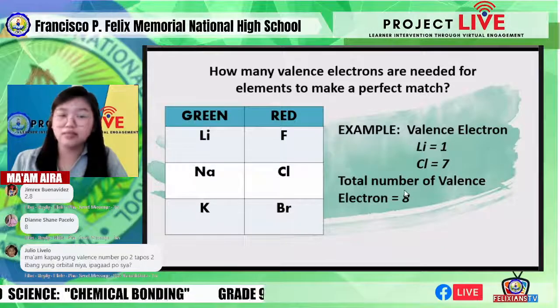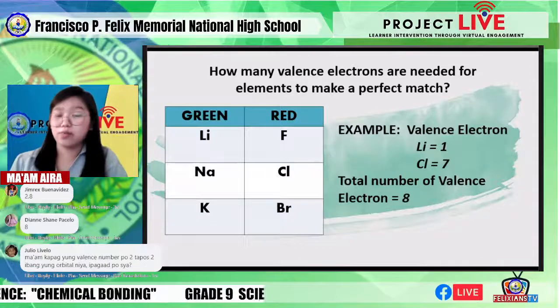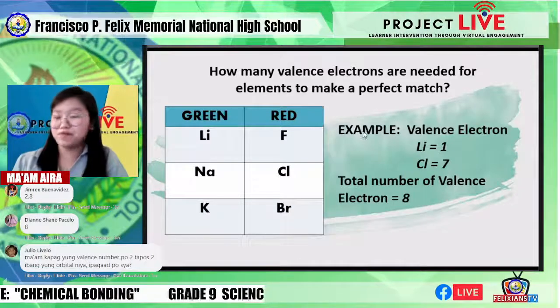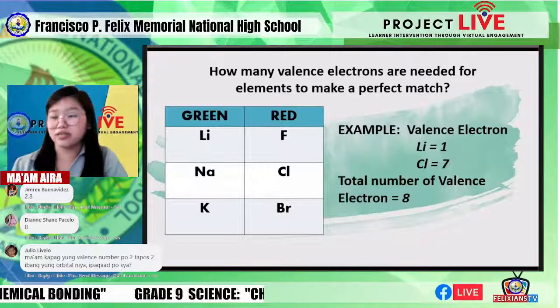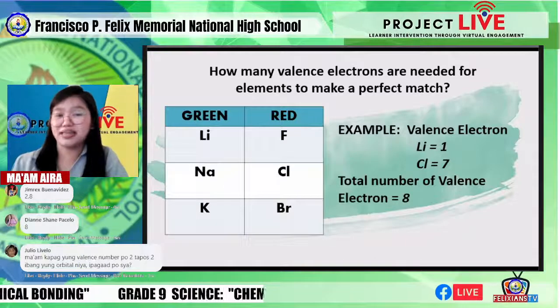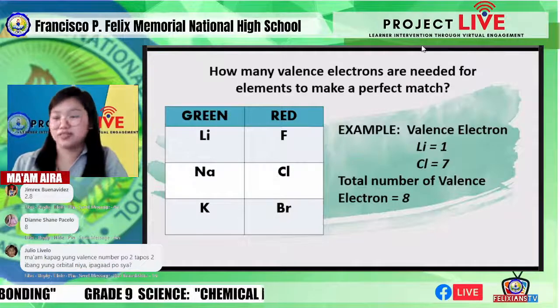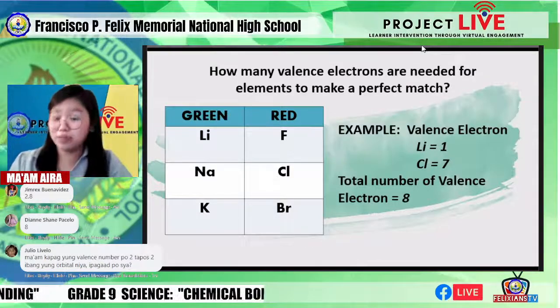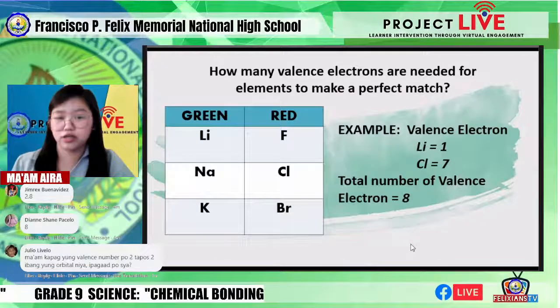So again, after we have gathered the total number of valence electrons, you have to chat or type in your answers on the comment box such that I can see your progress. I'll be waiting for your answers in the comment section below.